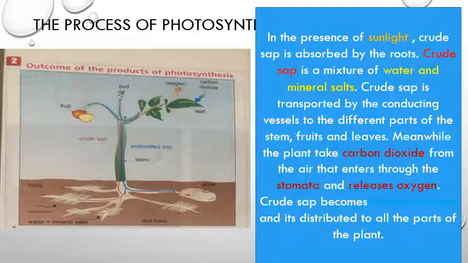It enters through the tiny pores called stomata. And then it releases the oxygen also through those tiny pores. And finally, crude sap becomes elaborated sap, and then it is distributed to all the parts of the plant. So that's how photosynthesis happens.